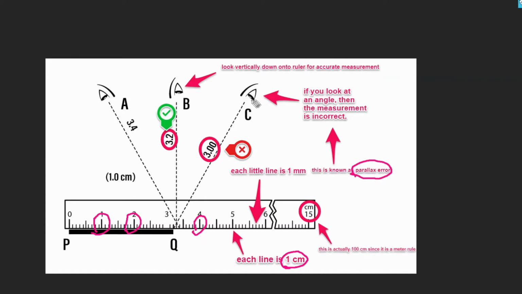Well, if we look at the ruler at an angle like this, the measurement we get is actually 3 centimeters. That's simply not the case, because it is supposed to be exactly 3.2 centimeters. Similarly, if we look at this angle, it measures up to 3.4 centimeters. Again, that is incorrect. And this incorrect measurement is known as parallax error.